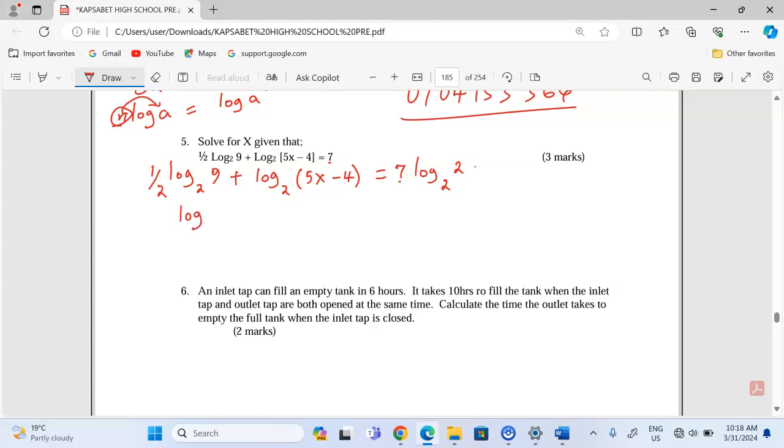So the log to base 2 of 9 power half plus the log to base 2 of 5x minus 4. This is equivalent to the log to base 2 of 2 power 7, sorry.